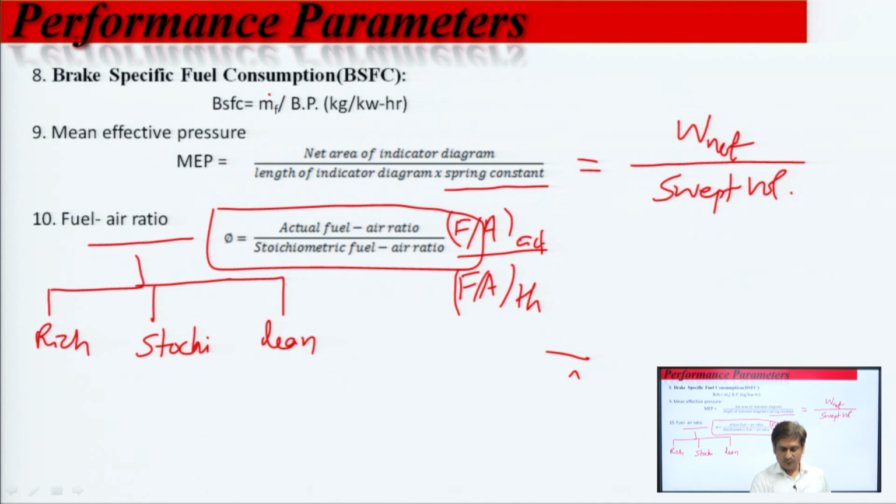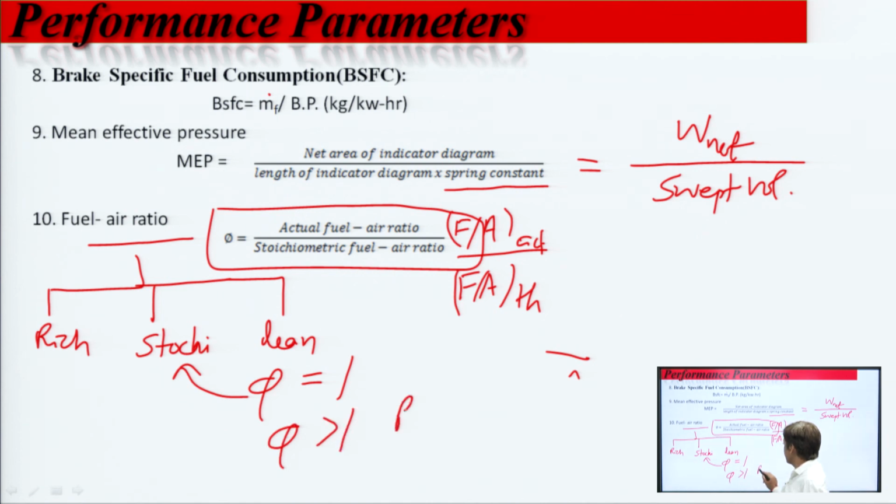So, it is a very important parameter. With the help of it, we can predict whether the fuel air ratio used is rich, stoichiometric or lean. If the value of phi is equal to 1, it means it is stoichiometric. If phi is greater than 1, it means rich mixture, and if phi is less than 1, it means it is lean mixture.